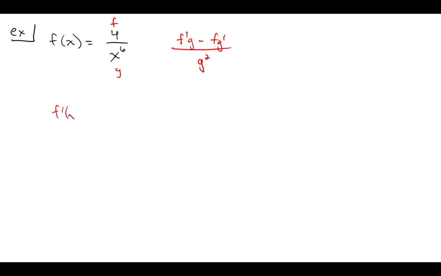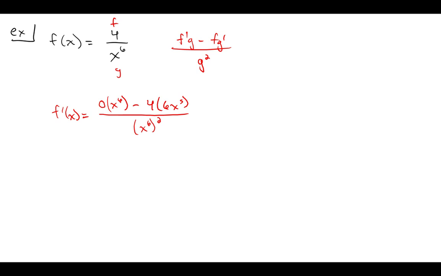So our derivative here, f prime of x, derivative of the top. Now the derivative of 4 is actually just 0. So I am going to write 0. Don't just write nothing, because if you write nothing, then when you write g, you're going to think it's just g. But it's not. It is 0. So it's important that you write 0. 0 times x squared minus 4 times 6x to the 5th over x to the 6th quantity squared.